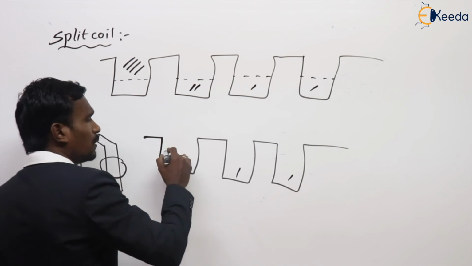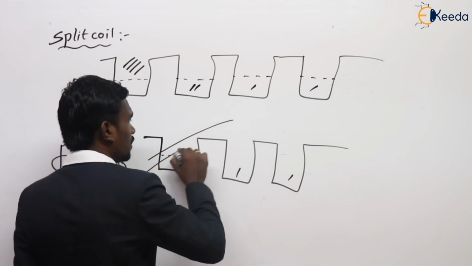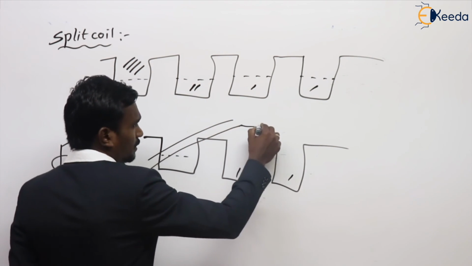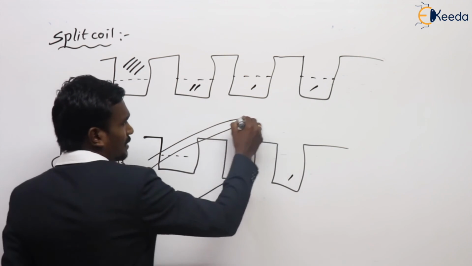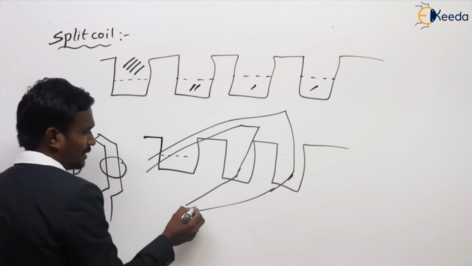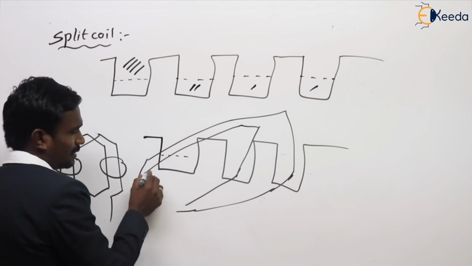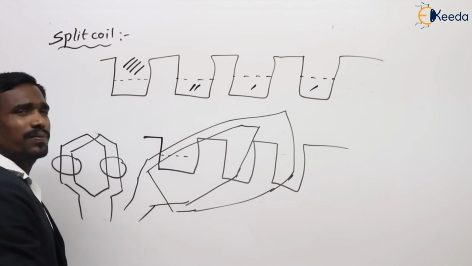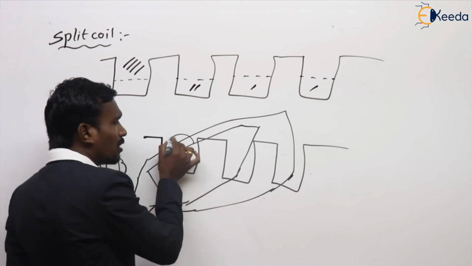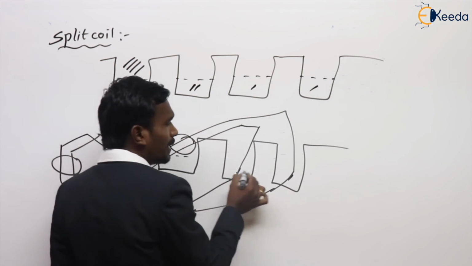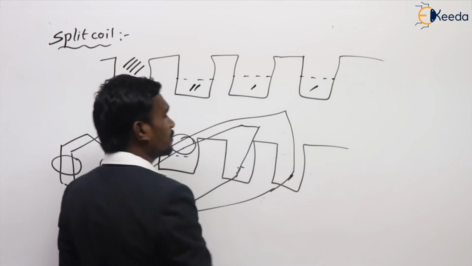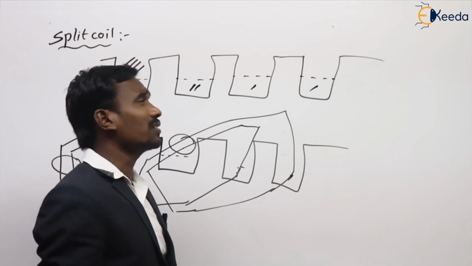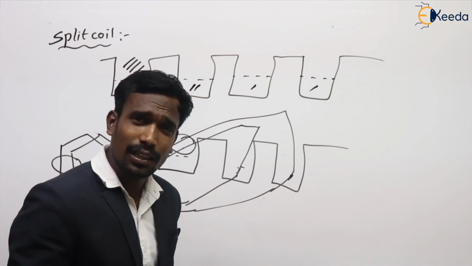So here how it is actually, it is like this. Nothing but here one coil side is placed under one slot, another coil side is split into 2 slots, which is nothing but a split coil.